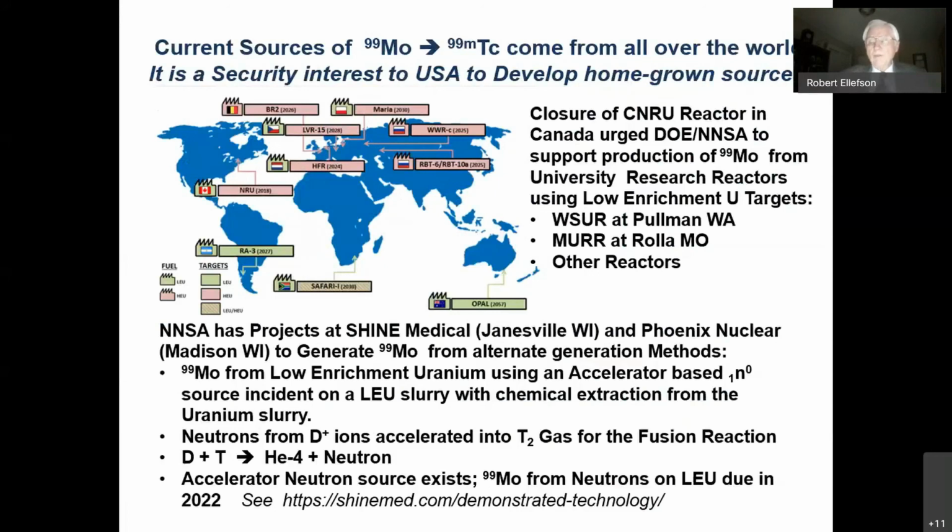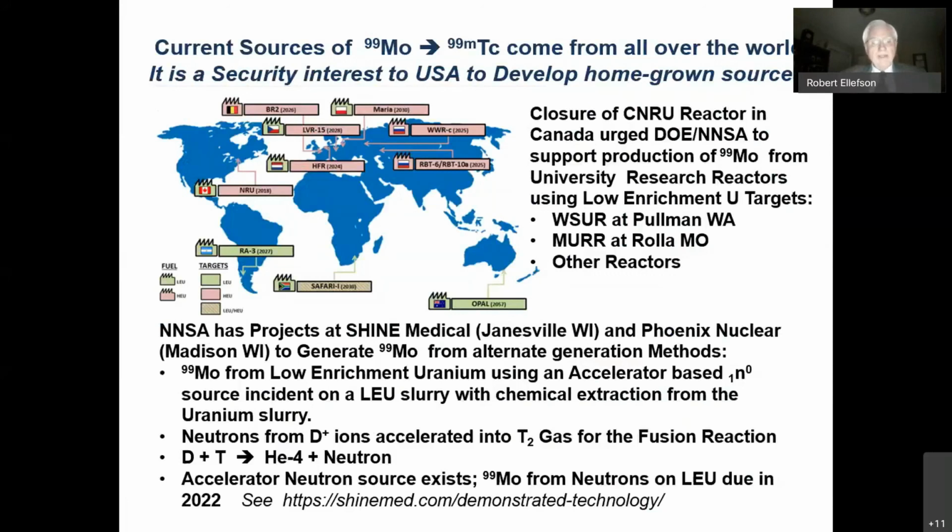By low enrichment, what they mean is 20% U-235 to give enough material to make the chemistry worthwhile, but it is not a nuclear bomb material. So the net result is it's a safeguard to be able to use low enrichment.